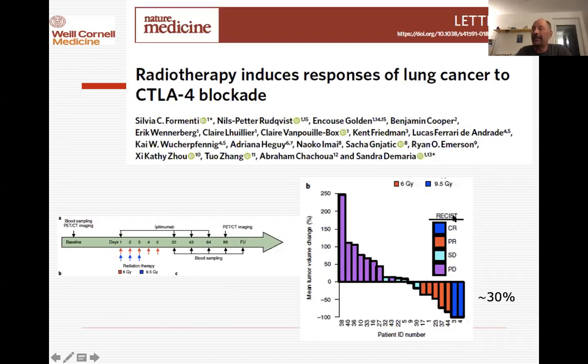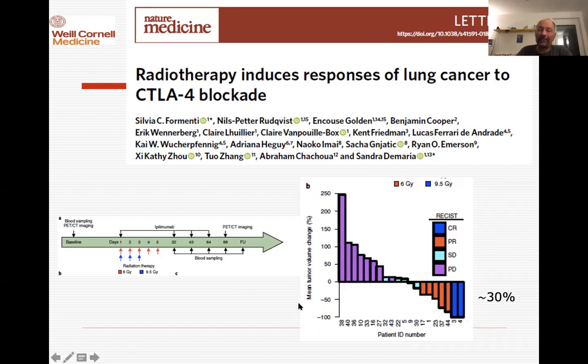And this is another trial now in radiotherapy in combination with lung cancer using CTLA-4. This is interesting because this trial was used for patients that were treated already with immunotherapy and radiotherapy alone.